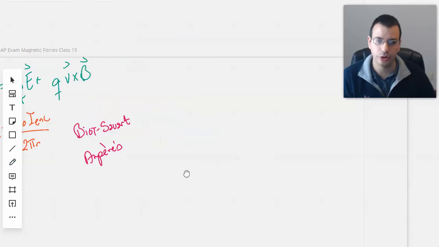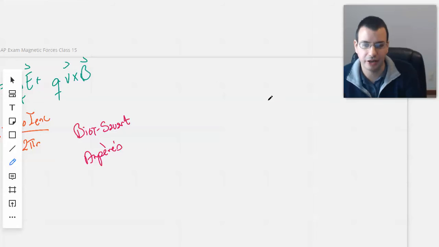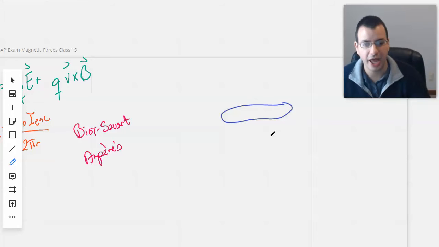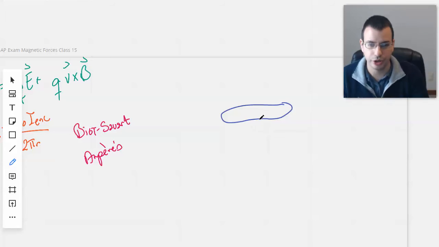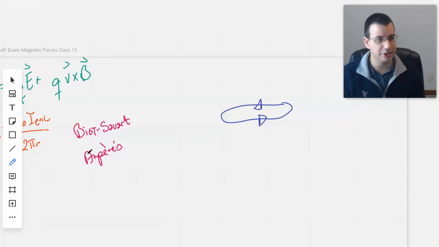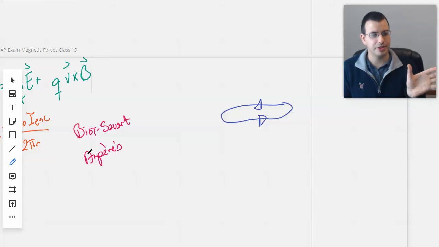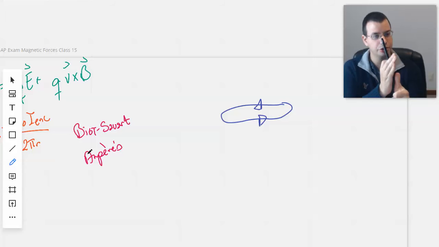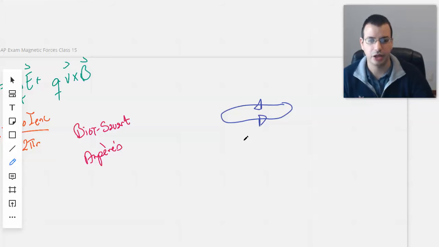Okay. So now we're going to look at a loop. Specifically, I'm going to draw it like this. So we have a loop with a current going this way. And the way to find the magnetic field at the center is, again, the right-hand rule, except this time your fingers go along the loop in a circle, and your thumb will show you the direction of the magnetic field.